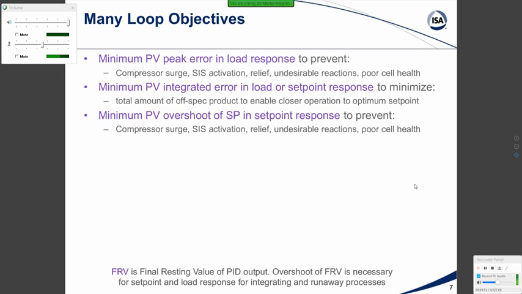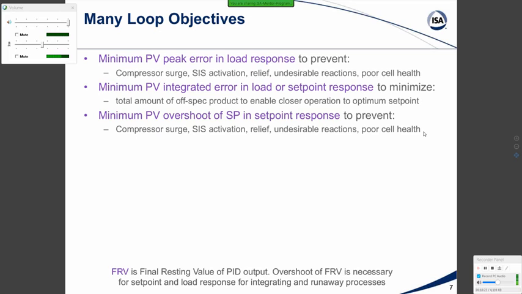Then some people are very concerned about the overshoot of the set point, and here we would see that for compressor surge, or where we're going to activate the SIS. But what I've seen particularly lately is poor cell health, and how sensitive the bioreactors for mammalian cell cultures are to overshoot of the temperature set point, and to some degree also the pH set point.